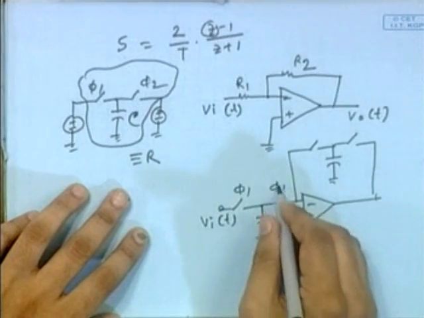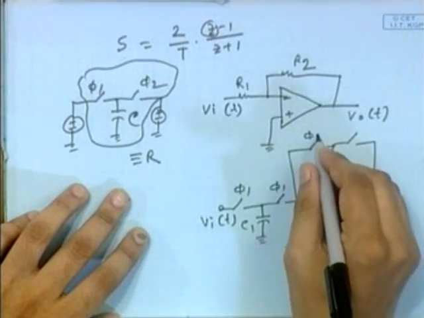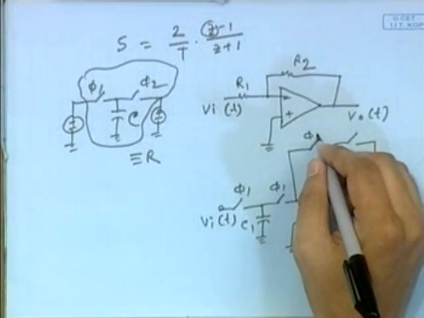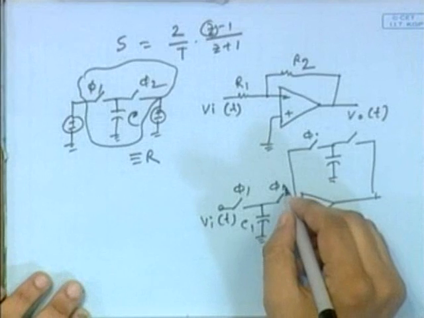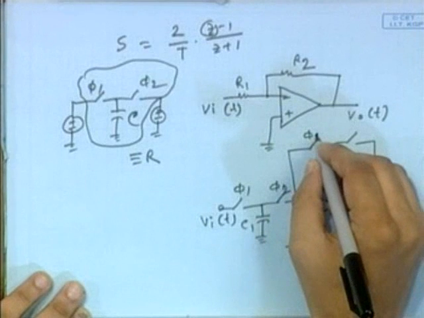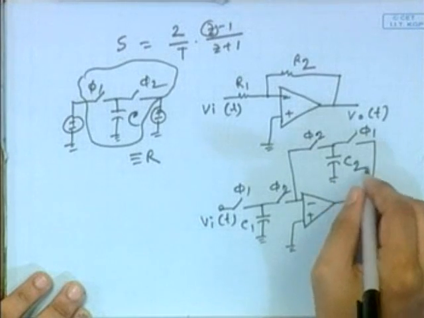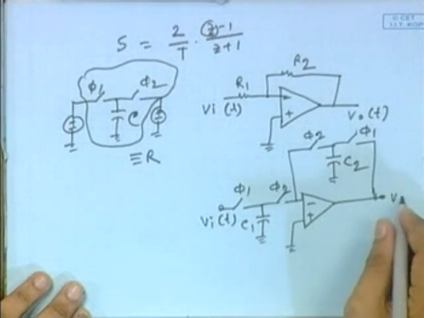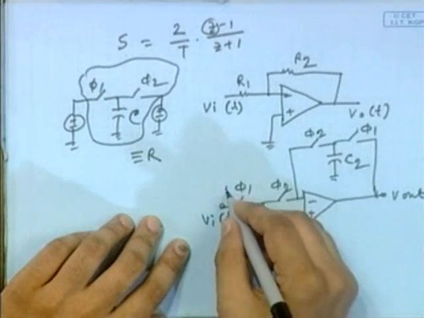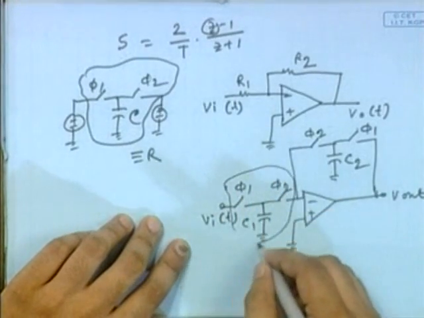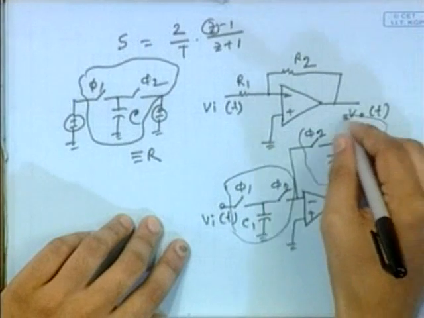Phi 1, C1 and Phi 1, C2. Is this clear? Now this is one resistor and this is the other resistor.